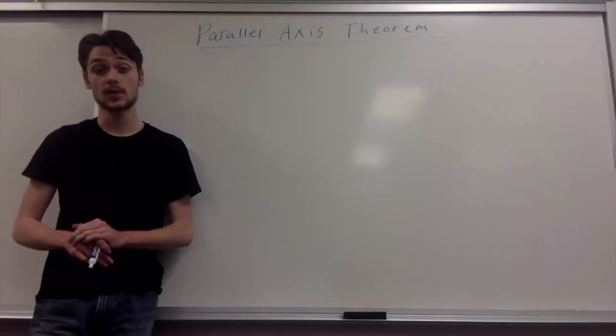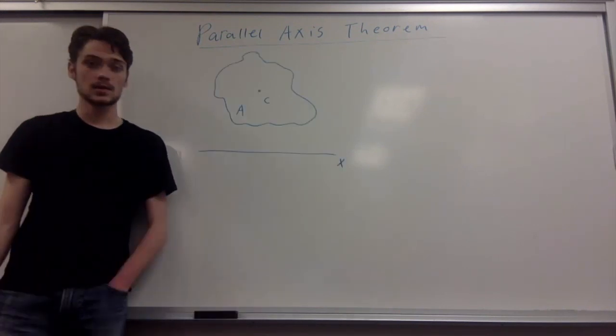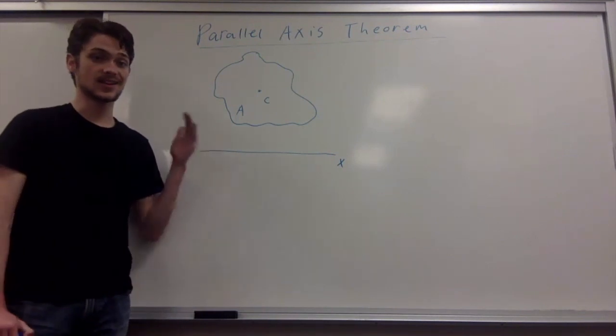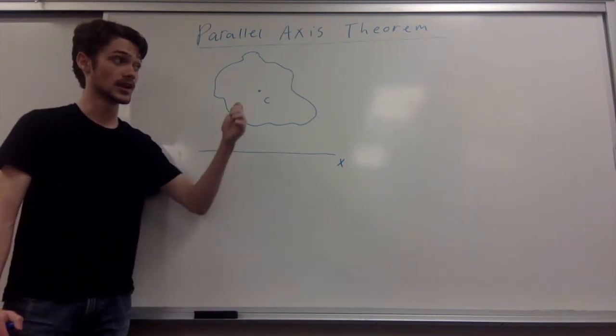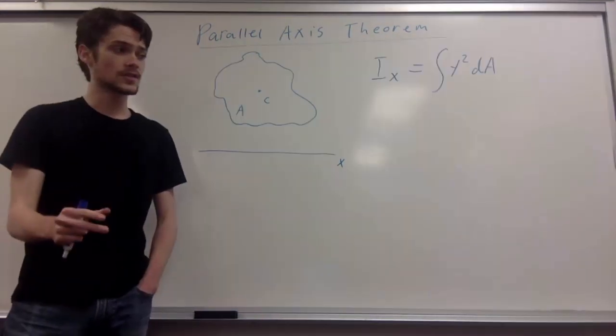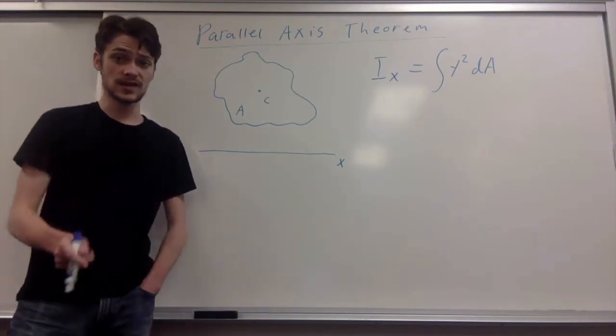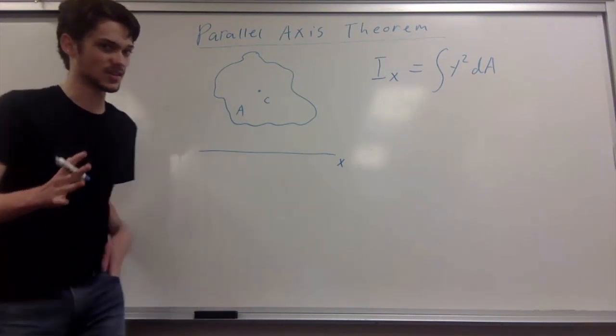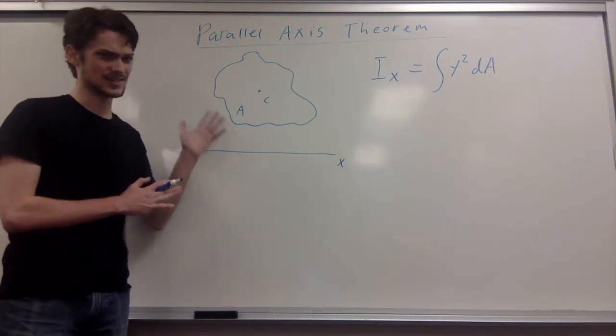With all that out of the way, let's talk about the parallel axis theorem. Let's say that we have this funky looking object. This object has an area A and a centroid located at point C. We know that the second moment of inertia with respect to x is going to equal the integral of y squared times dA. But here's the thing, integrating this directly is kind of tricky.